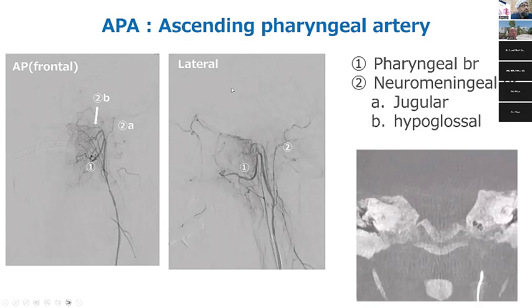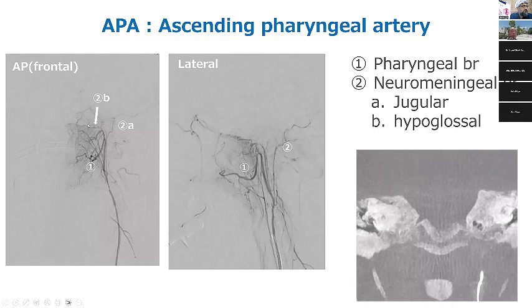In the lateral view, you can see the pharyngeal branch go anteriorly. Number two is the neuromeningeal branch, which is divided into two more branches, the jugular foramen branch and the hypoglossal canal branch.